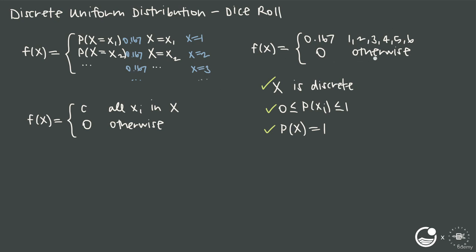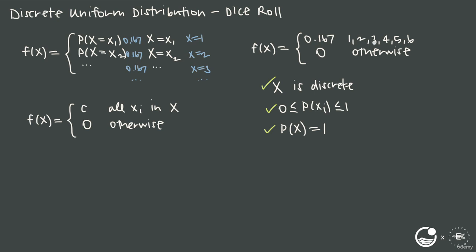We've consolidated it by putting everything on one line, but this says the same thing. It's just consolidated into one line instead of 6. But we have our probability mass function described algebraically this way.